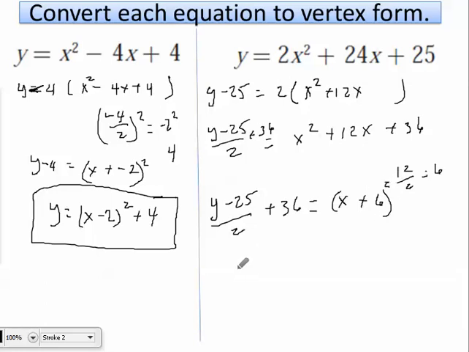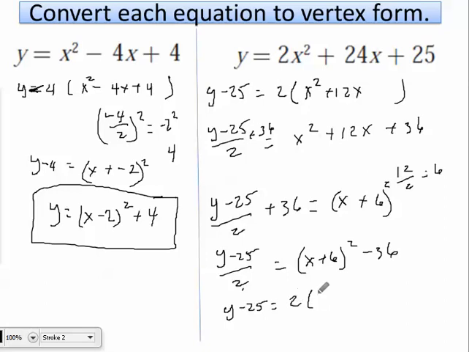Okay, so I'm going to subtract the 36. y minus 25 over 2 will be equal to x plus 6 quantity squared minus 36. Multiplying through by the 2, I'm going to get y minus 25 is equal to 2 times x plus 6 squared minus 72.